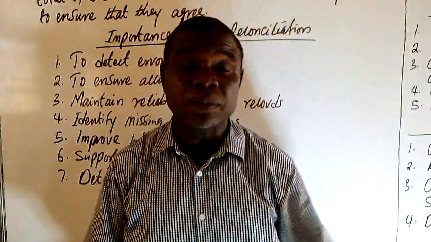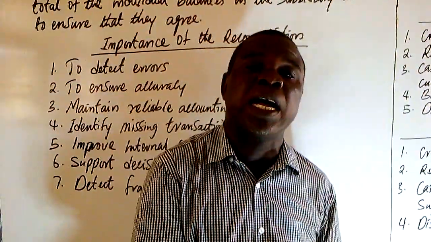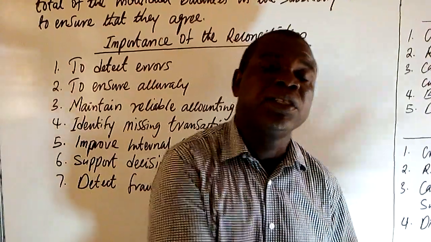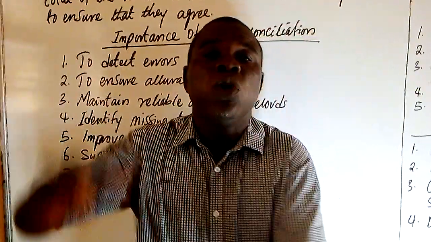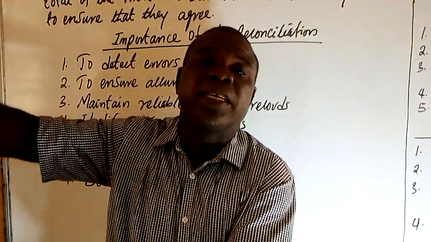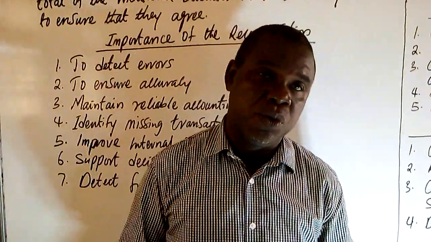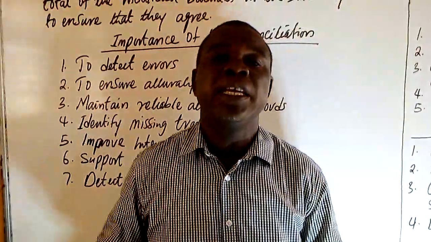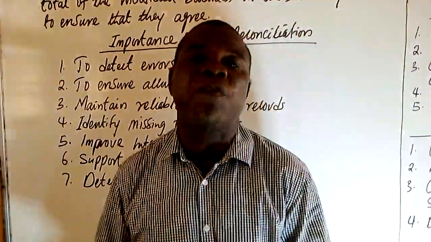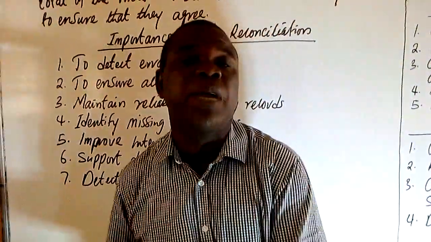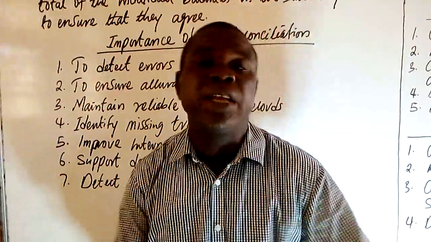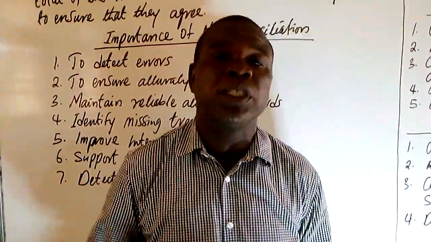So at the end of the day, the final balance derived in the control account should agree with the total balances that is added up in the subsidiary book. If there's a disagreement, it means there is an error of either omission, overstatement, or understatement of any of the items which will cause the disagreement.